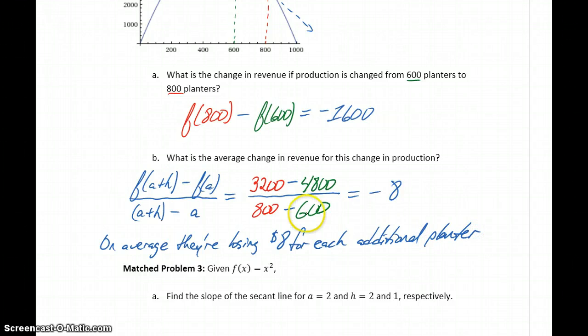So on average, if we started a production level of 600, if we increase production to 601, we'd be losing an average of $8. If we increase production to 602, we'd be losing about $16. So for every increased unit of production, our revenue is dropping by $8.